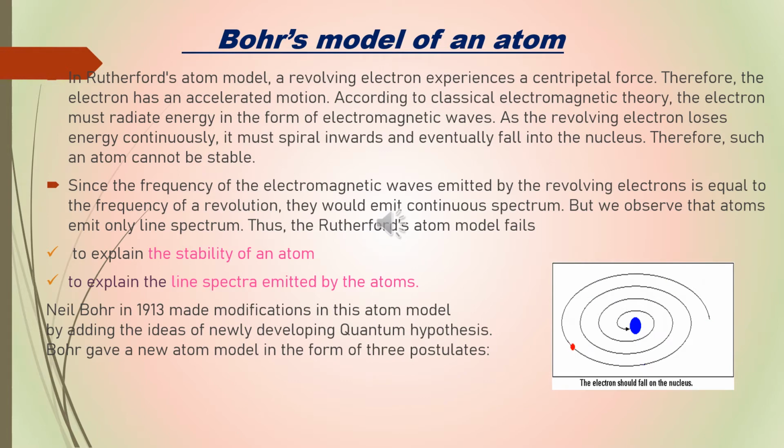Thus, Rutherford's atom model fails to explain the stability of an atom and the line spectra emitted by atoms. This failure of Rutherford's atom model was later corrected by Niels Bohr by adding the ideas of the newly developing quantum hypothesis.